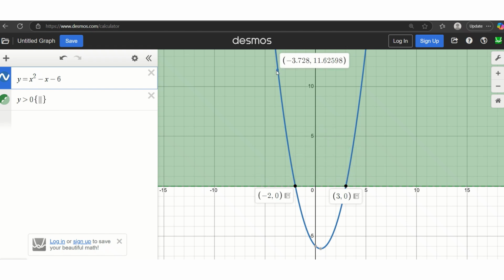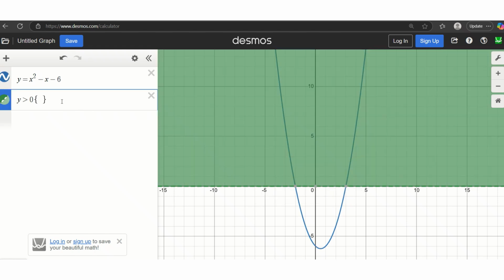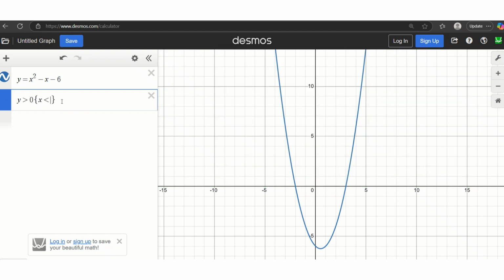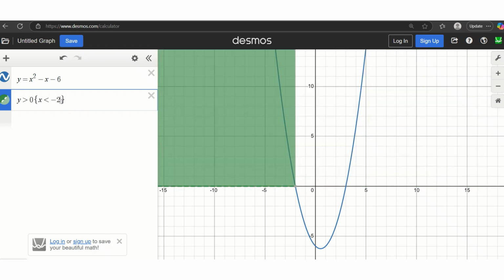So we increase those x values. But when it gets to x equals -2, that's when it crosses over. So over here, I'm going to type in x is less than -2. And what I want you to notice is it cuts the highlighting off right there when the graph crosses over into the negative.